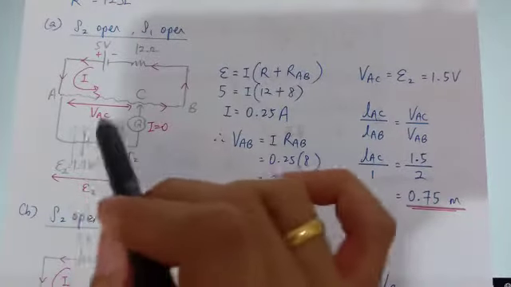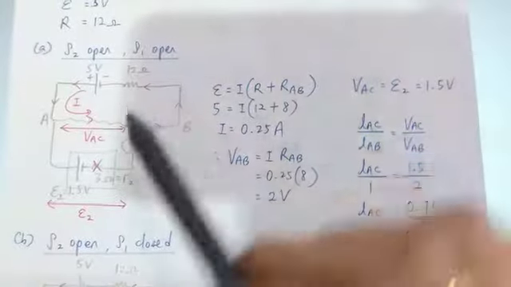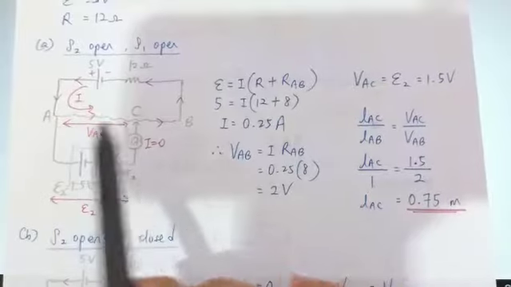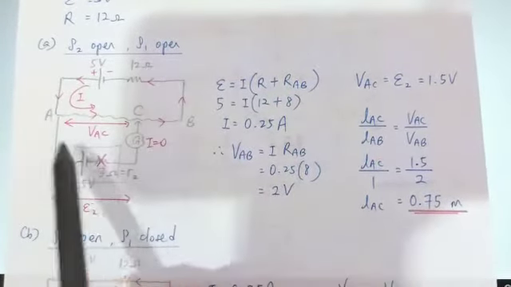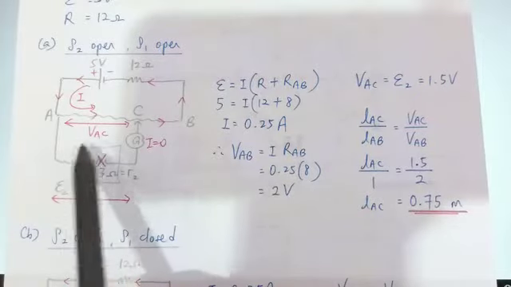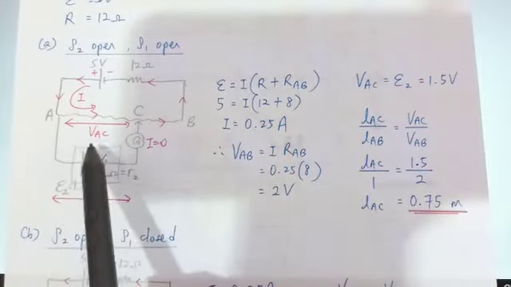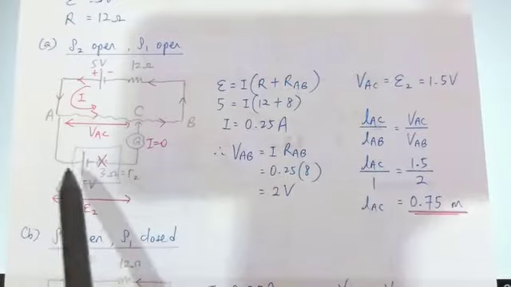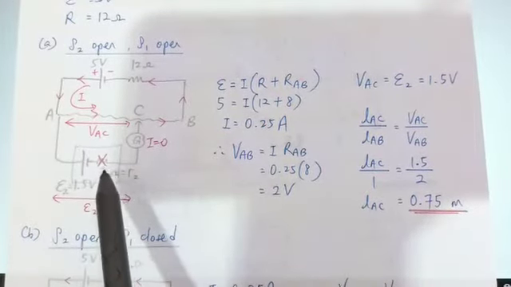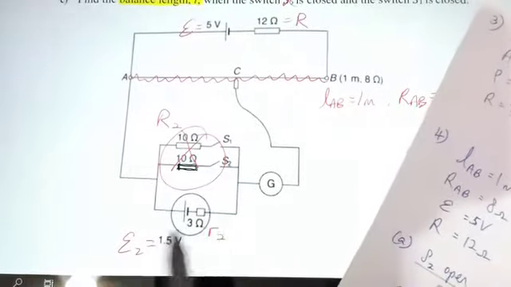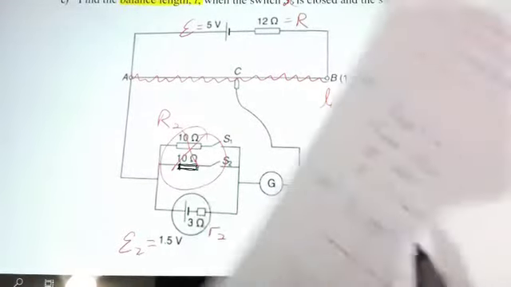So there's no R2 here. After we redraw with S2 open and S1 open, the R2 is not connected, so it just has the battery E2 and internal resistance r2 connected.